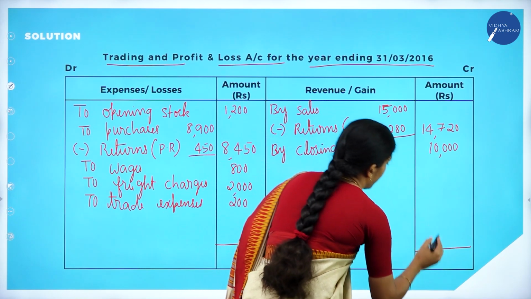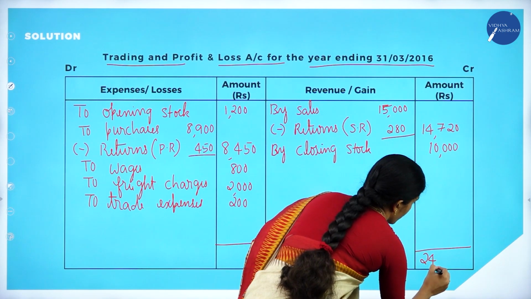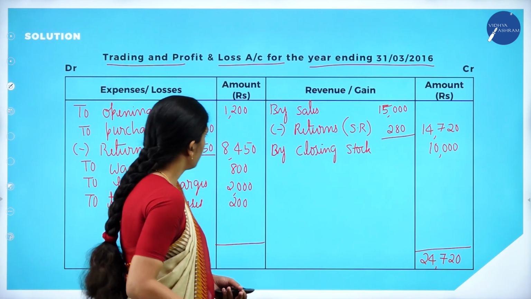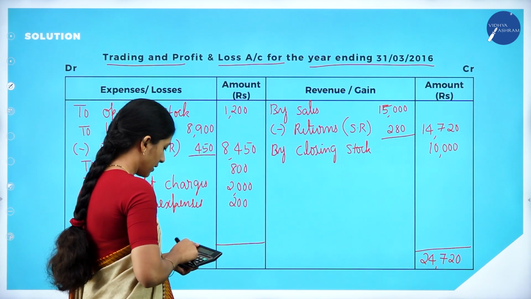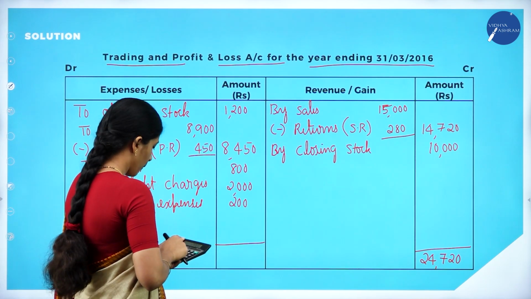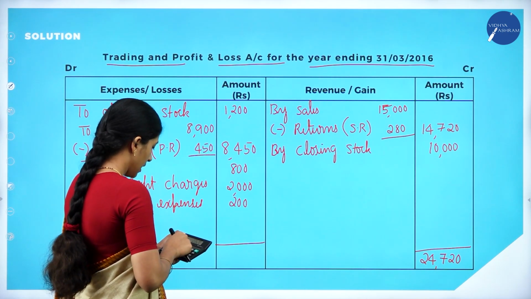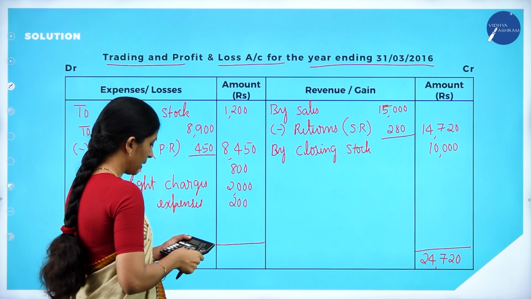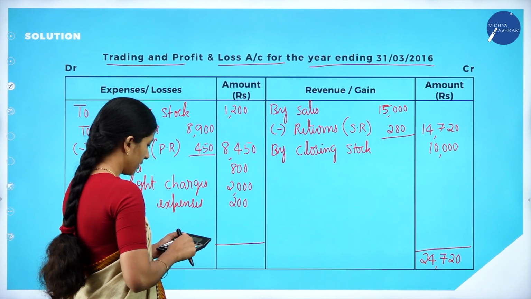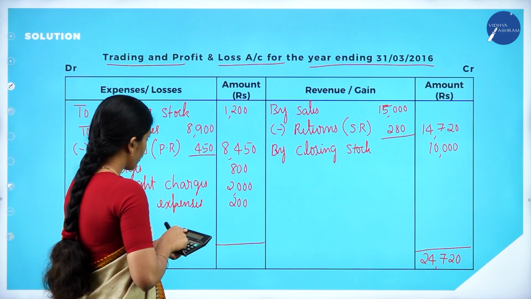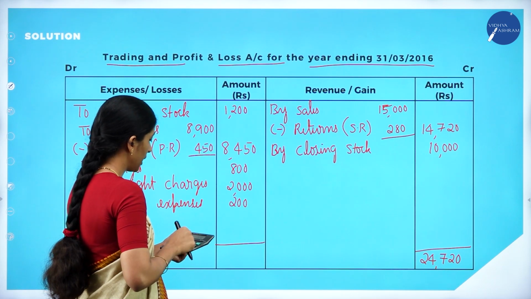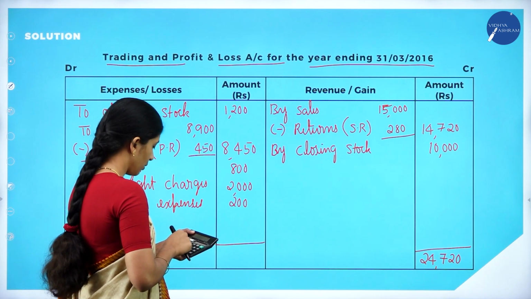So total of the credit side, 14,720 plus 10,000, is 24,720. Now 24,720 minus 1,200 minus 8,450 minus 800 minus 2,000 minus 200.